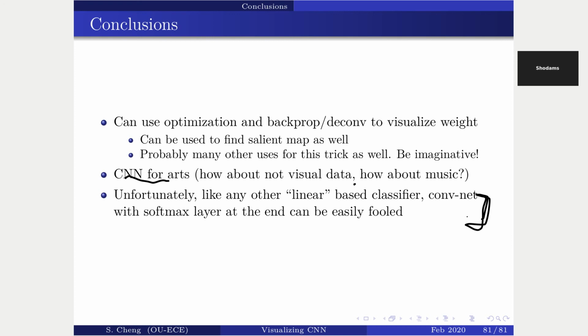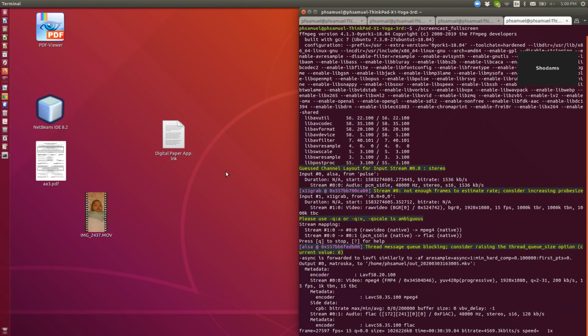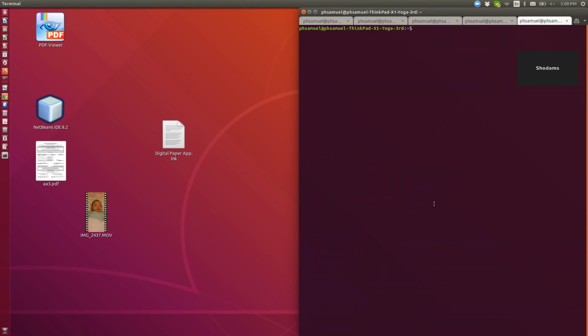So I would just move on to the next set of slides, where I'd like to talk about some computational applications beyond classification.